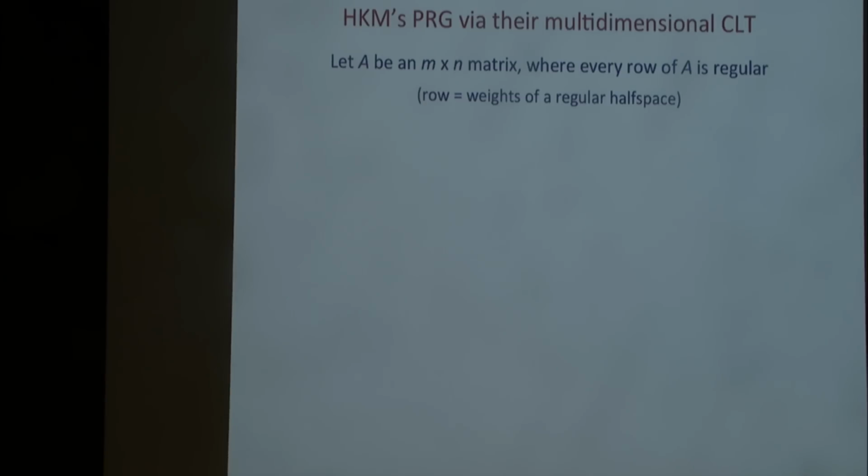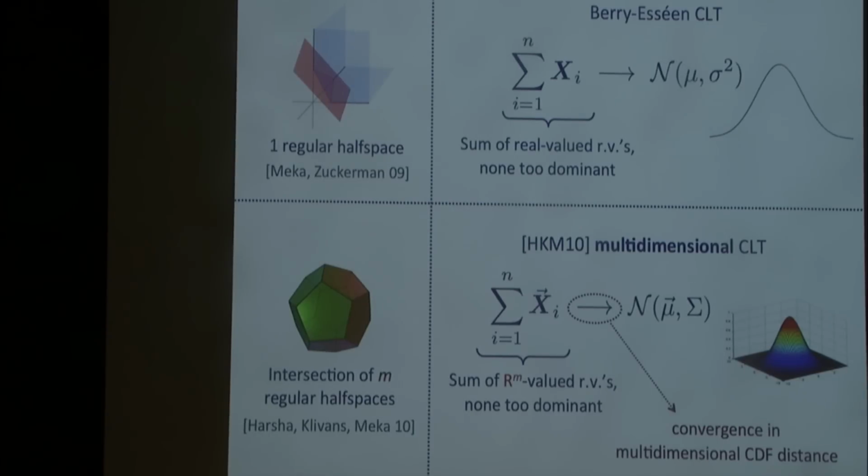So you didn't say yet what is the multidimensional CDF, right? CDF distance. No, but I can say it in one sentence, and I'll say it again later. It's every orthant, translated orthant, you place the same amount of mass. It's just axis parallel hyperplanes, basically. Right, exactly. Which corresponds to the intersection of half spaces. It's just like single-dimensional CLT, single-dimensional CDF distance matches up perfectly with a single half space.